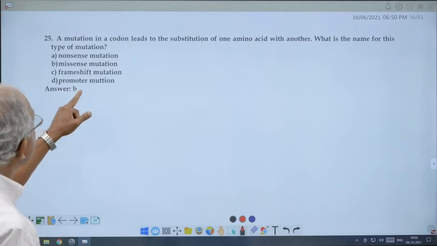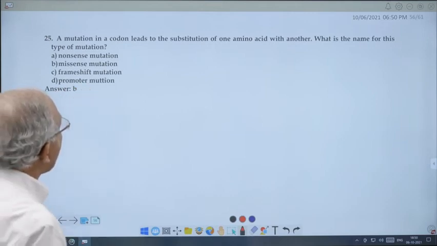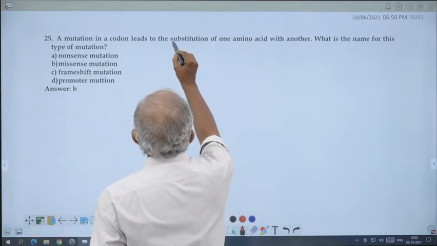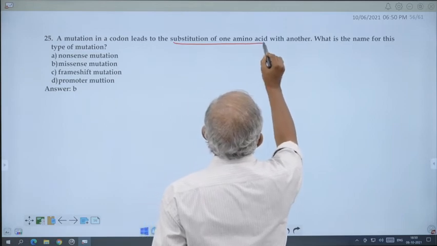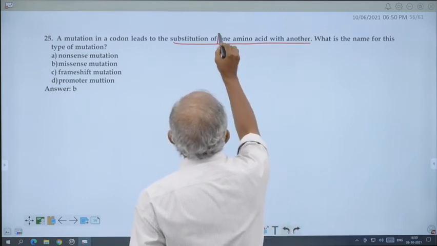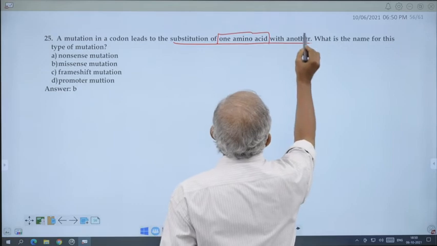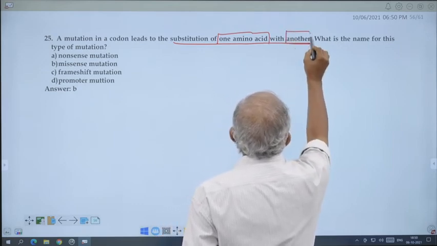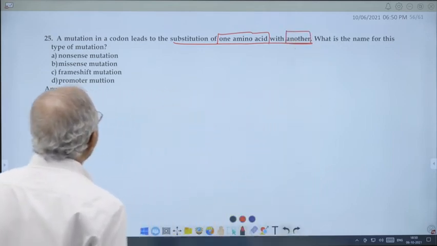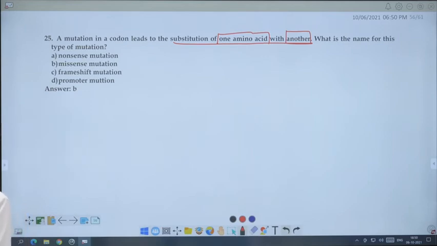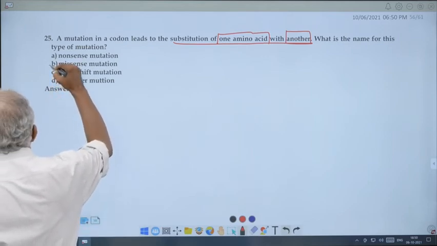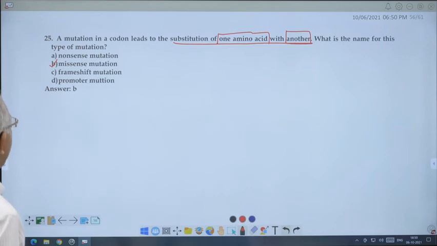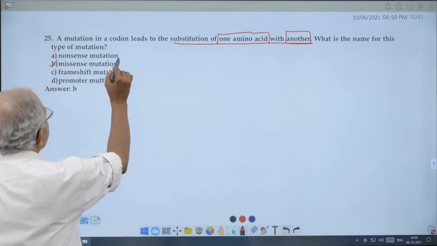A mutation in a codon leads to the substitution of one amino acid with another. If a mutation causes substitution of one amino acid by another, it is called missense mutation.